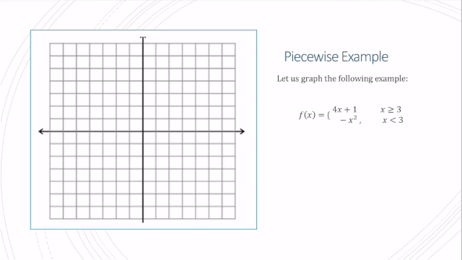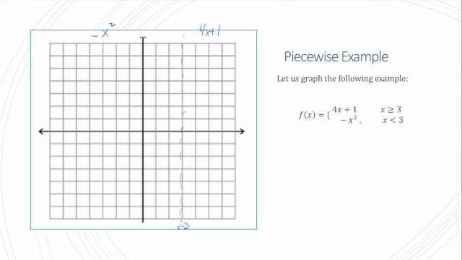So let's divide my domain. So here's where x equals 3. As long as x is greater than or equal to 3, I have the function 4x plus 1 defined. And then as long as x is less than 3, I have negative x squared defined.